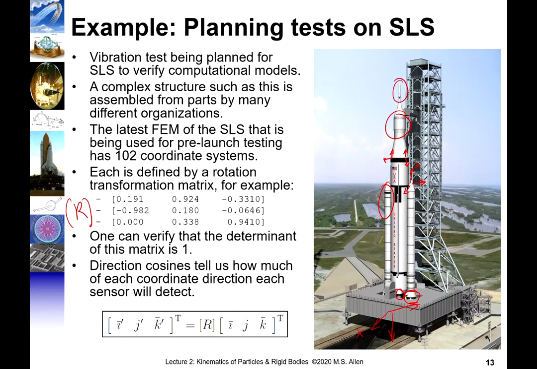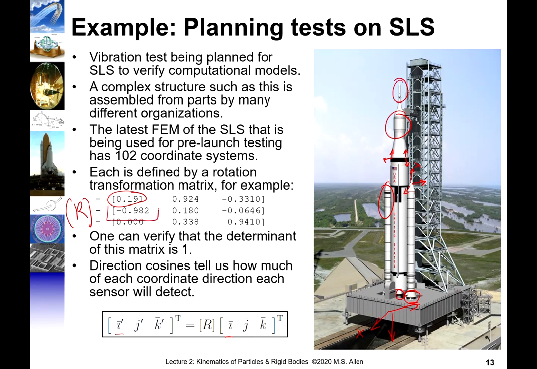So this is where those direction cosines come in handy. If we look at this rotation matrix, that's the component between I prime and I, and we see there we have a value of 0.19. So there's not a lot of that in there.